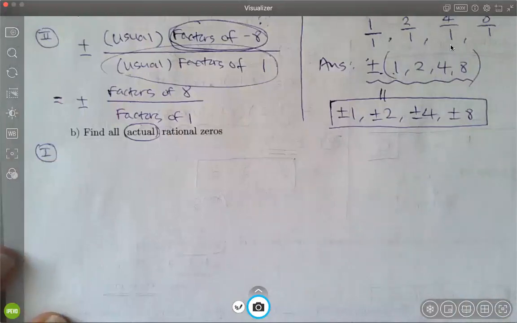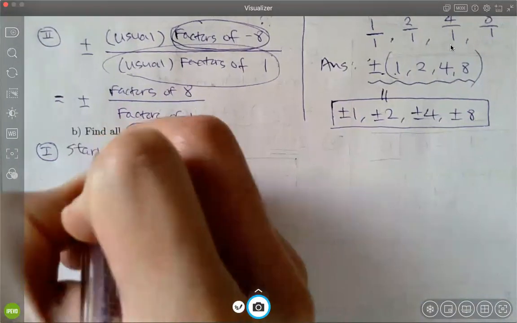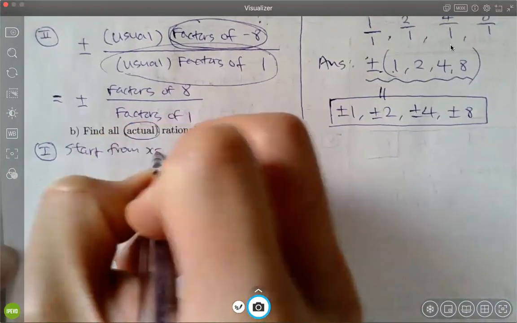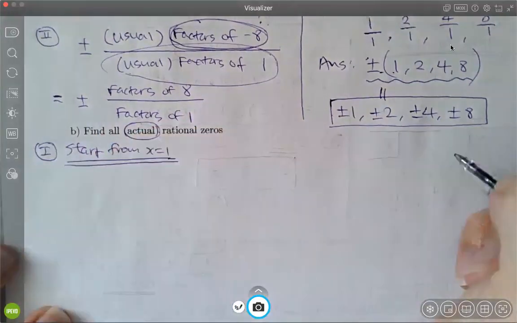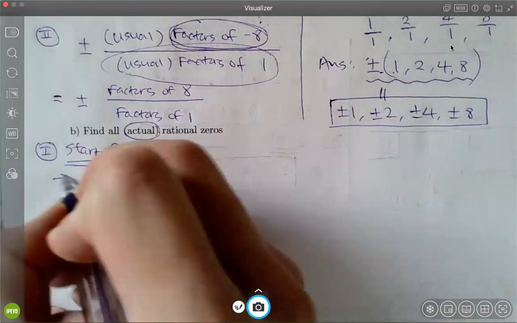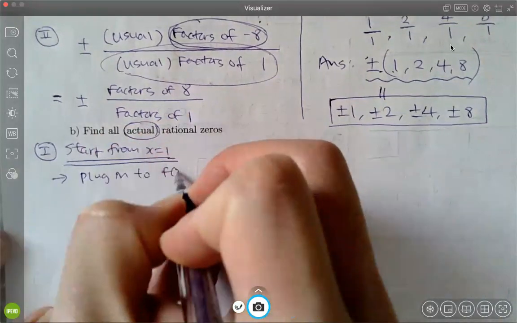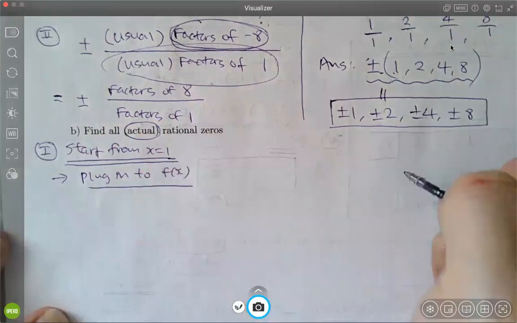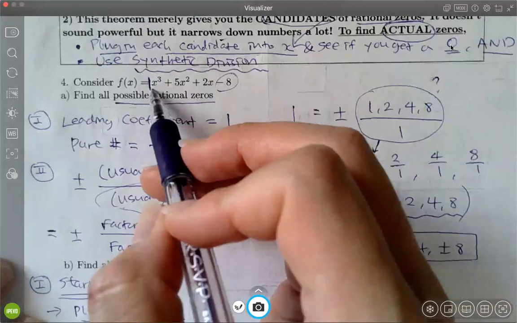So start from x equals 1. We plug that into f of x. And remember, what is f of x? It's x cubed plus 5x squared plus 2x minus 8.